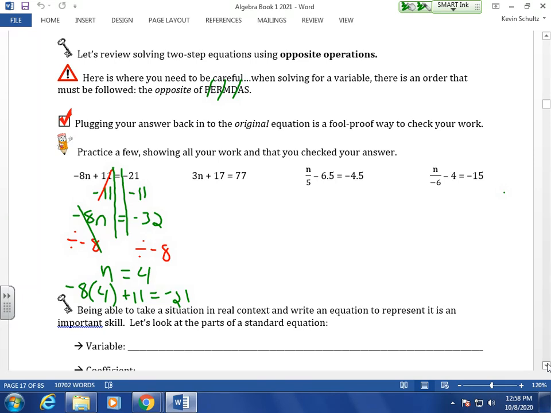The reason why we started with subtracting 11 is because remember what we're doing here, right? We're undoing the equation. We are working through it backwards to get n by itself. So we are undoing the order of operations. Because you would add as your final step for evaluating the equation, that's going to be your first step to undo it. So we're working through PEMDAS backwards.